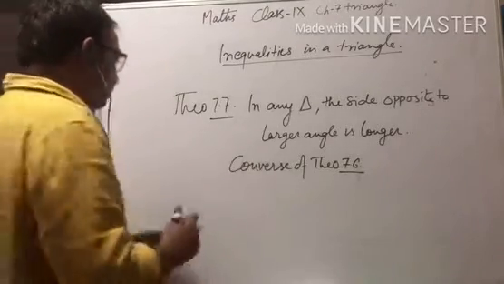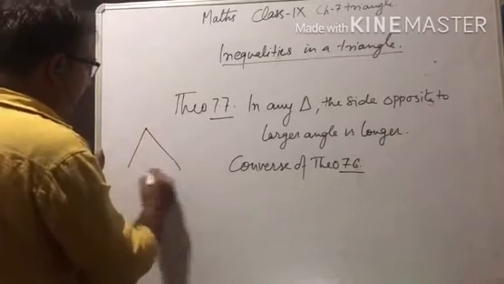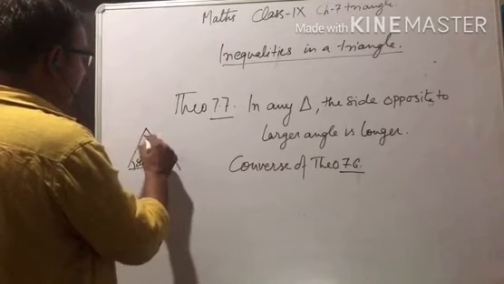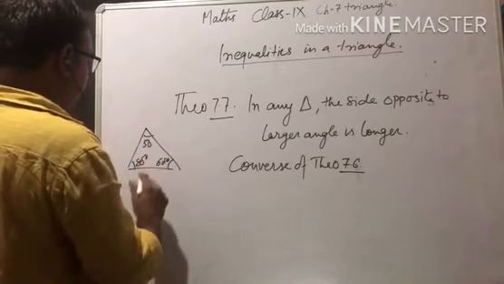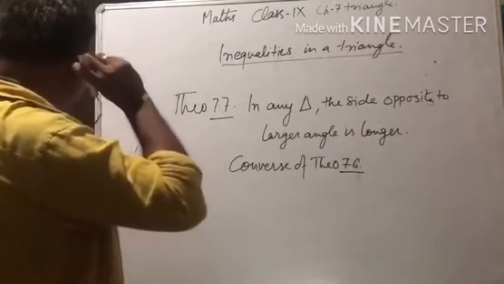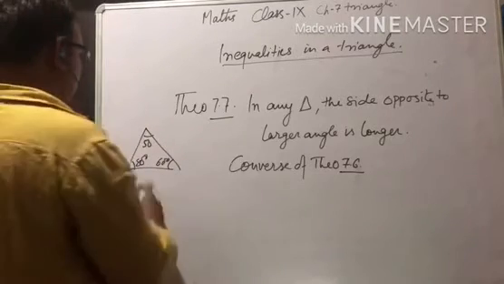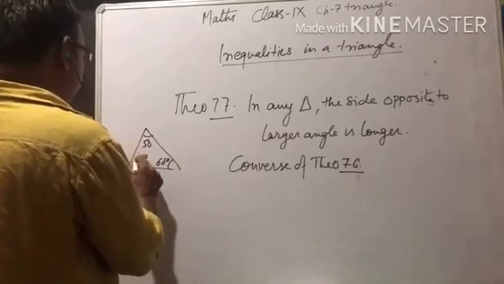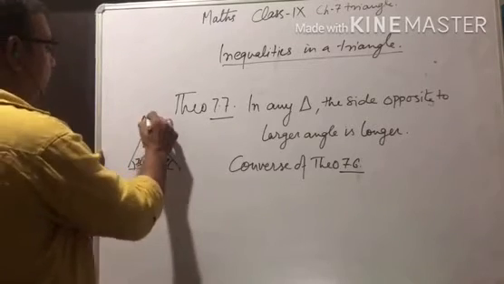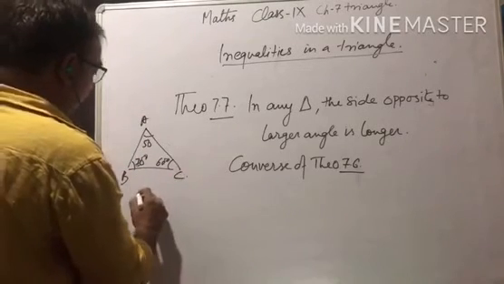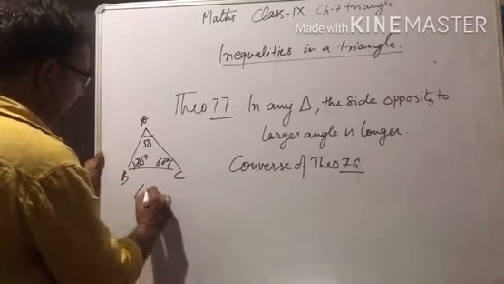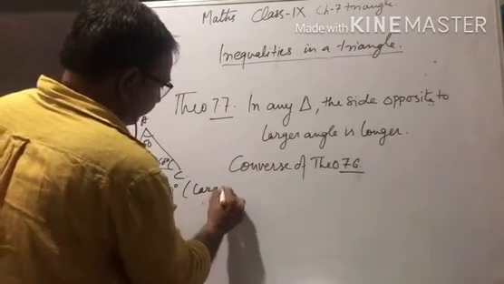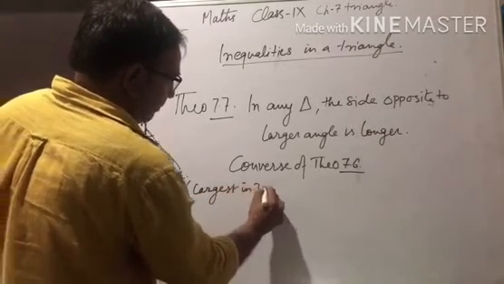Suppose we take an example here: this is 80 degree, this is 60 degree, and this is 50 degree. Total, sorry, this is 70 degree. Suppose this is ABC. So angle B is equal to 70 degree, the largest of 3.